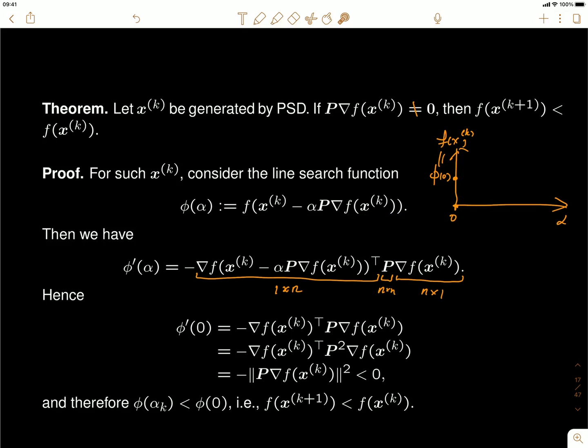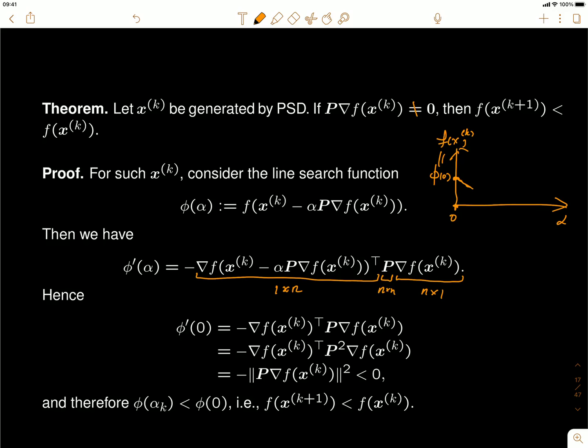And if you know the derivative of phi is negative at 0, meaning it's going down, then you know it must be something like this, right? If the derivative of phi at 0 is negative, then it must be going down. We don't know how far it goes, but it must be going down initially. Eventually it may go up somewhere, but at least near 0 it should be going down.